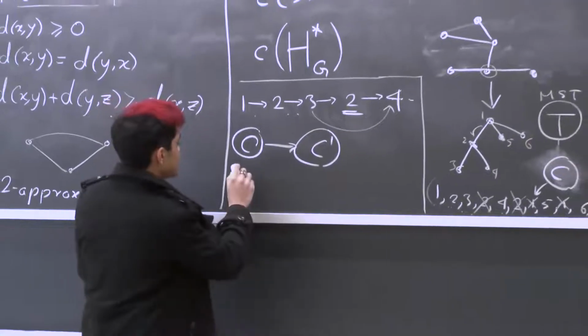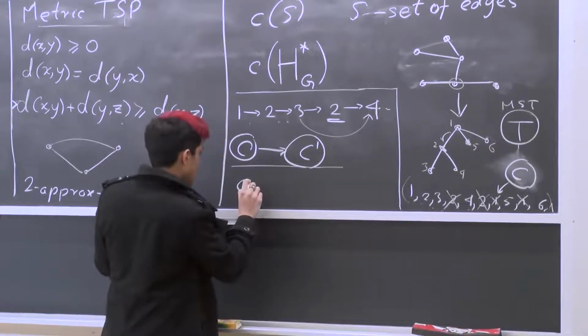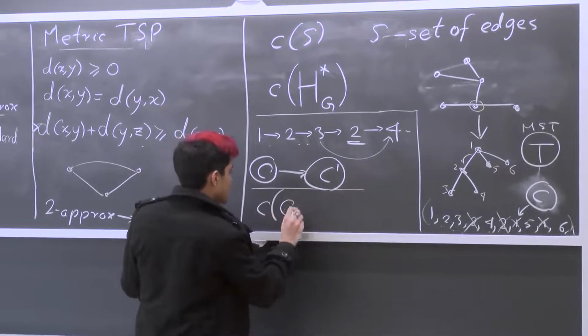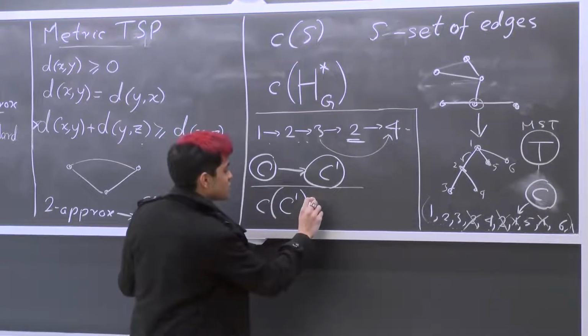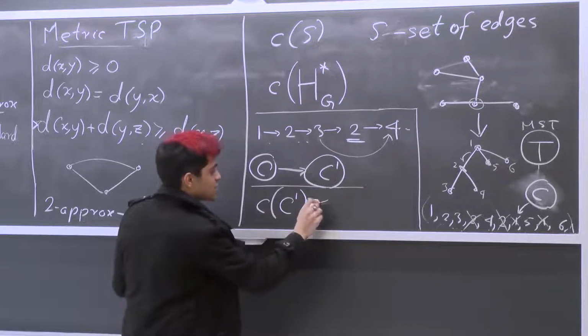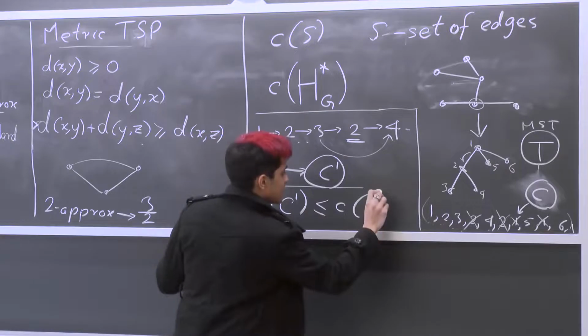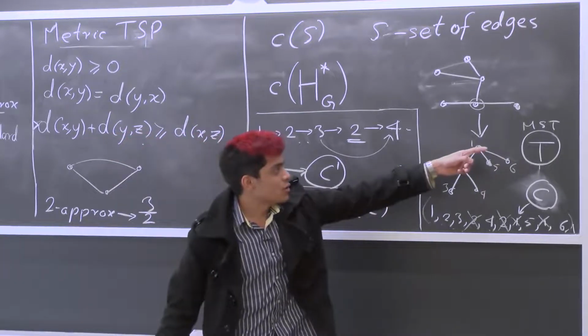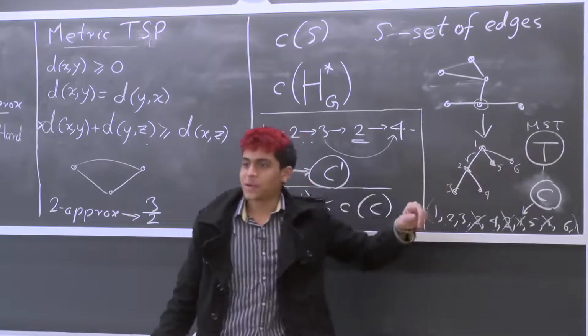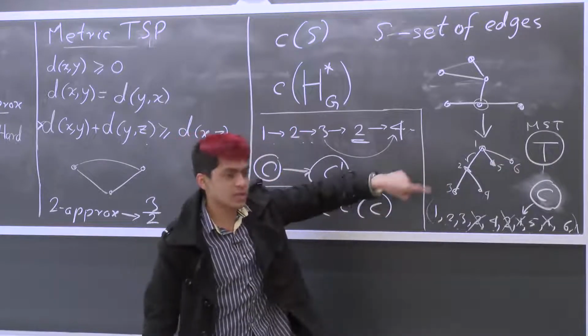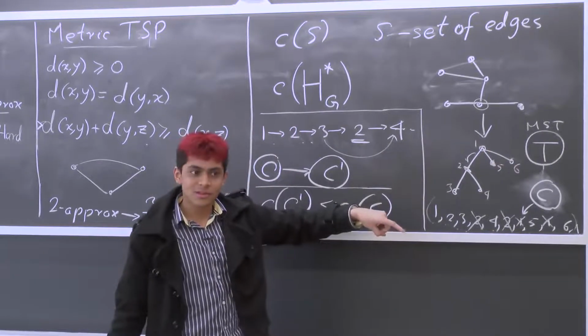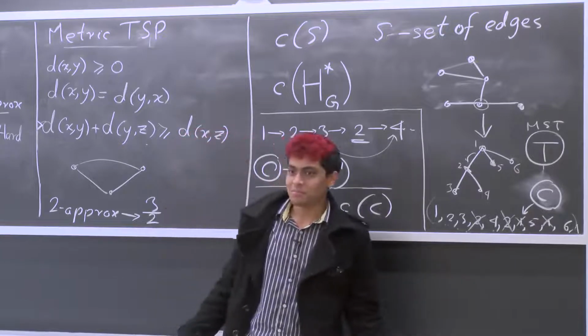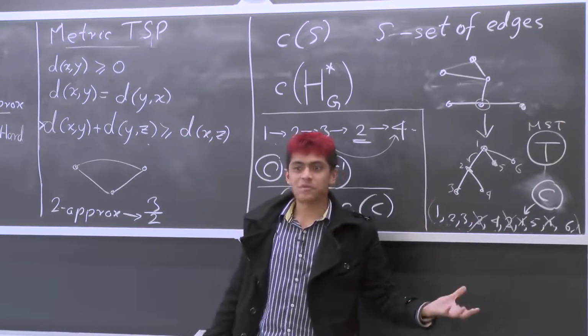So now what you have is the cost of C dash. It's a bad notation, but anyway, the cost of C dash is less than or equal to the cost of C. And what is the cost of C? If you know the weight of your minimum spanning tree, what is the cost of C? C is just doing a DFS traversal. So what is the cost of C, if you know your minimum spanning tree?